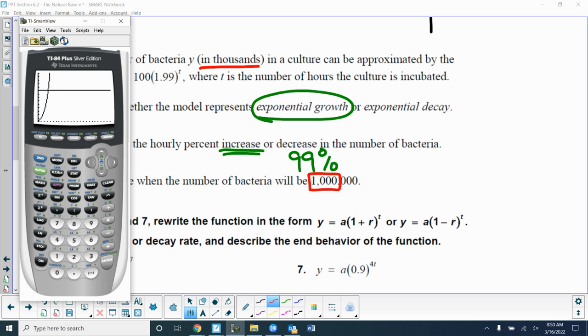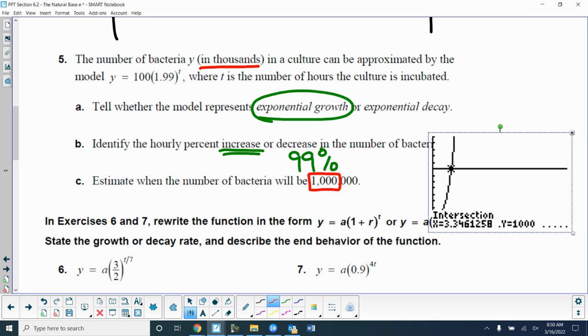All right, so to find this intersection, you hit second trace, the button next to graph, and number 5. And then you just hit enter 3 times. First curve, second curve, guess. So how many hours? 3.346, or 3.5?